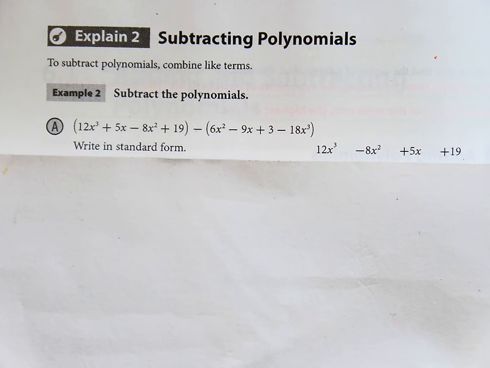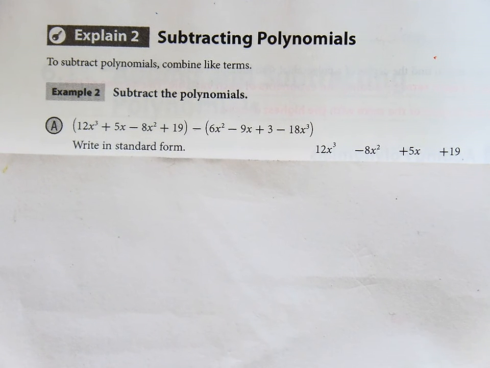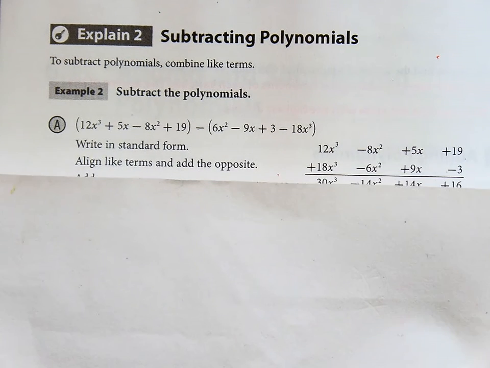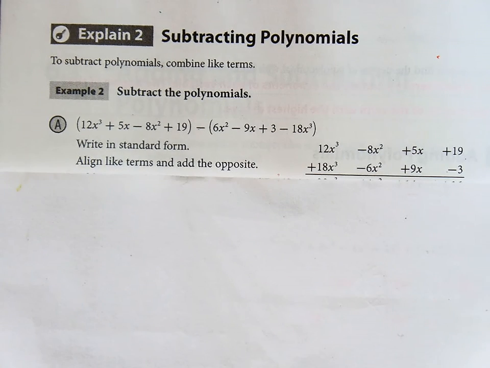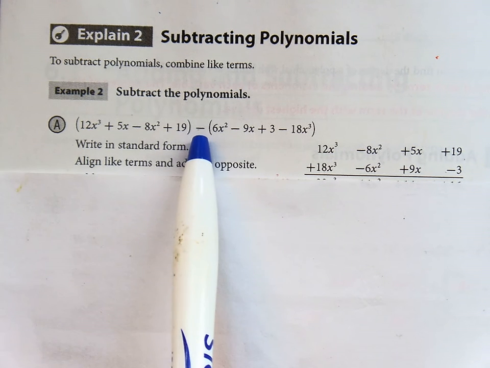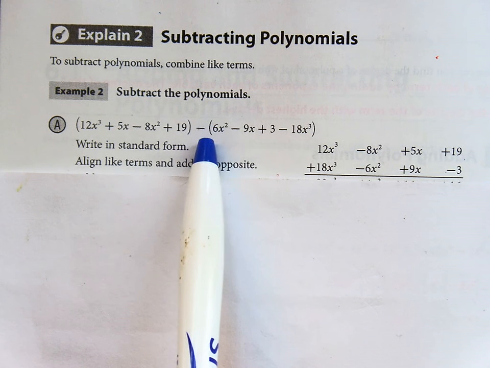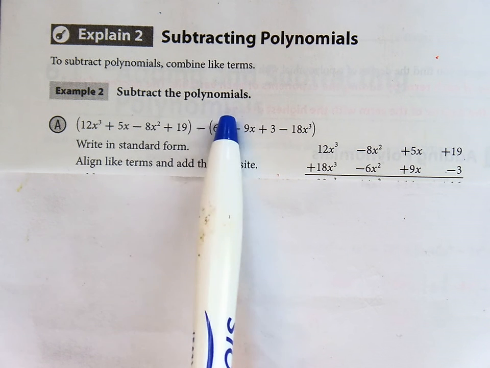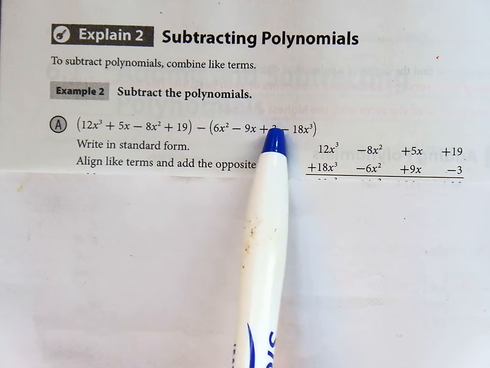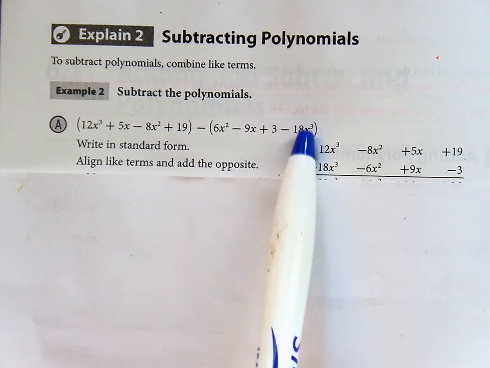Write in standard form. So they wrote the first one in standard form. Align like terms and add the opposite signs to them. Basically, you're multiplying by a -1 here. If you need to, put a little 1 there, and you're going to be distributing the negative to each and every term inside this polynomial.